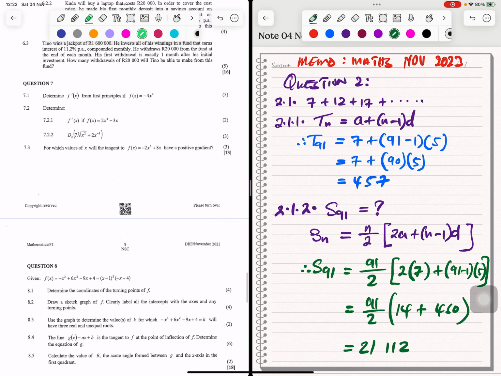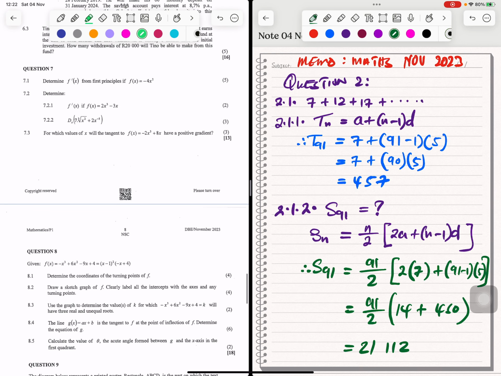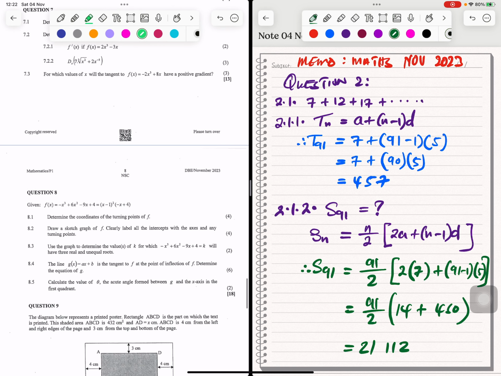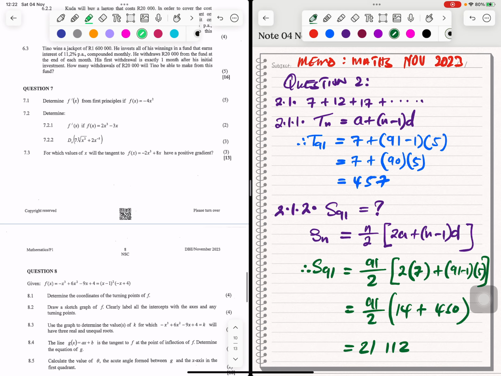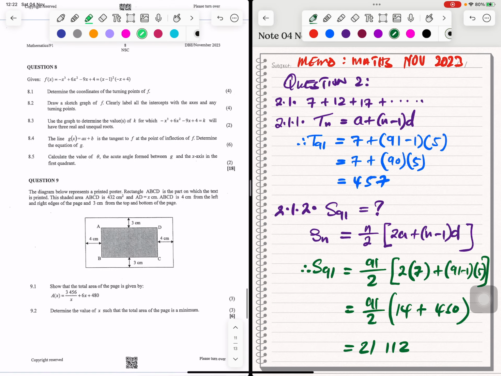Okay, and then question 7, just the first principle calculus situation there that I will do for you. Question 7 and 8, I will do it, and 9.